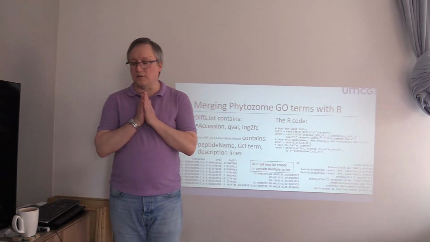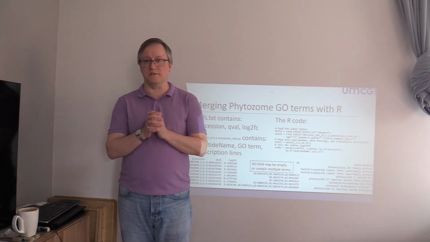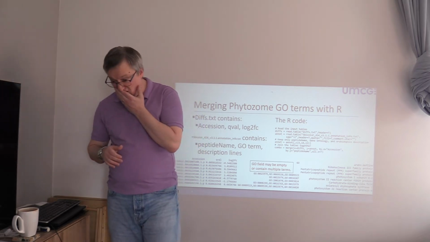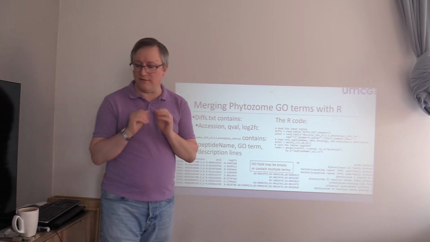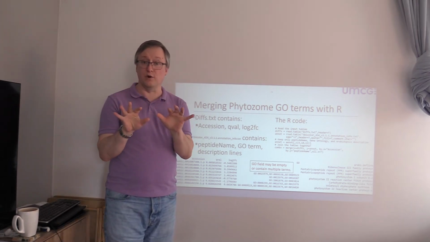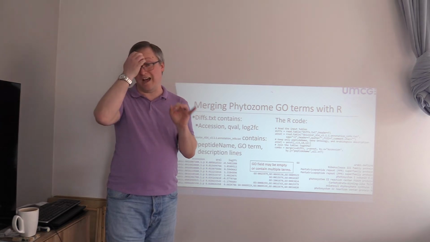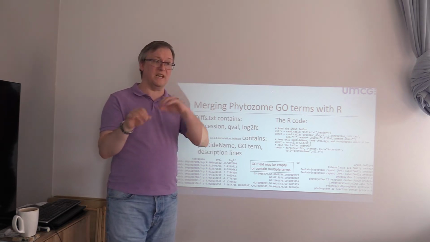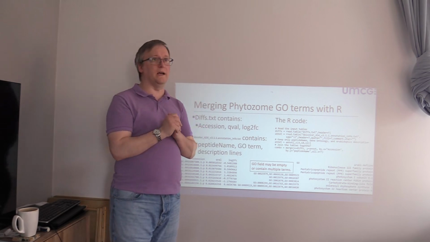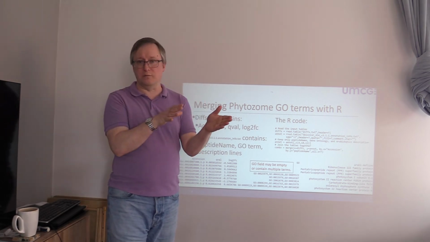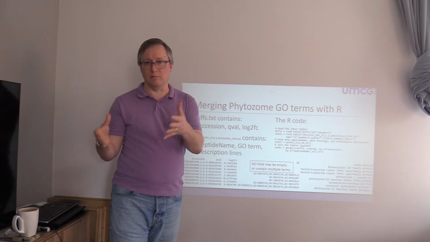So let's then talk about how we would deal with this in a common context. So imagine that I have analyzed a pair of cohorts, and I now have a list of proteins that I think are differential between my cases and controls, or my well-watered plants and my drought-like watering plants.